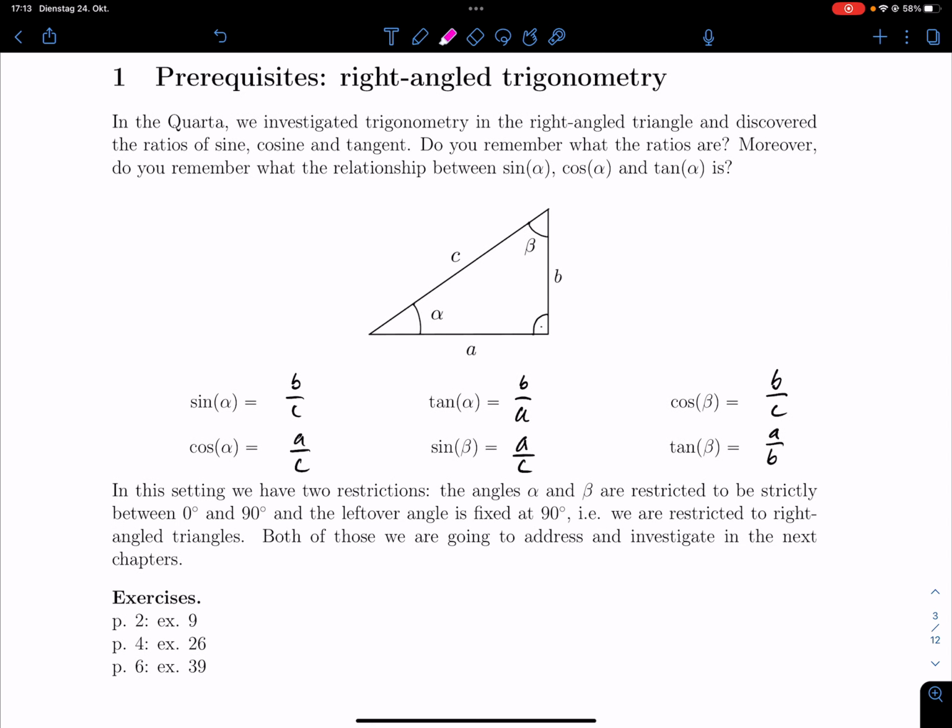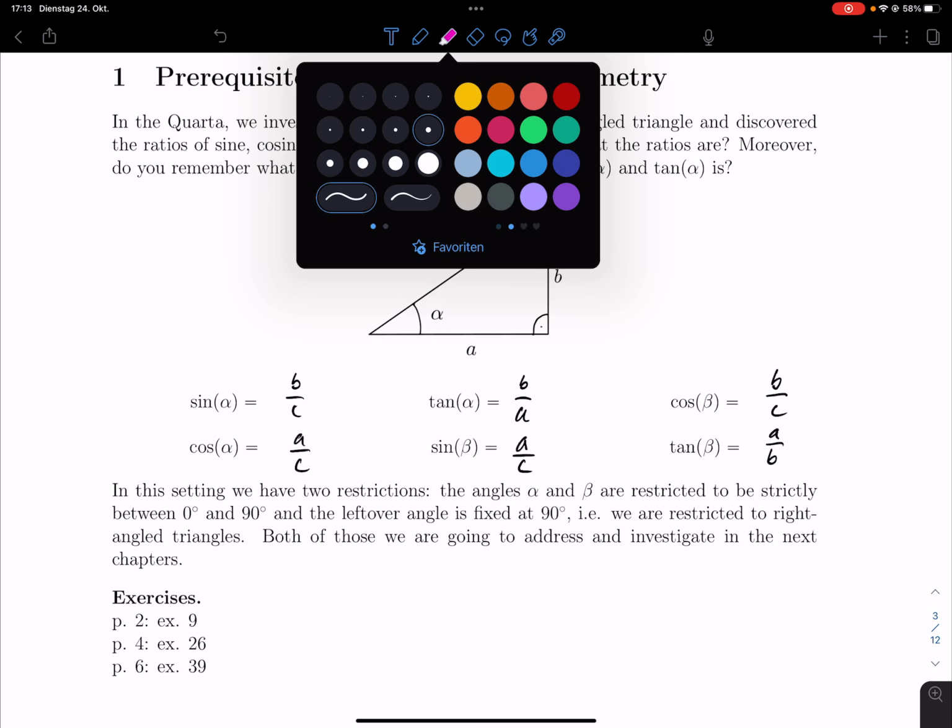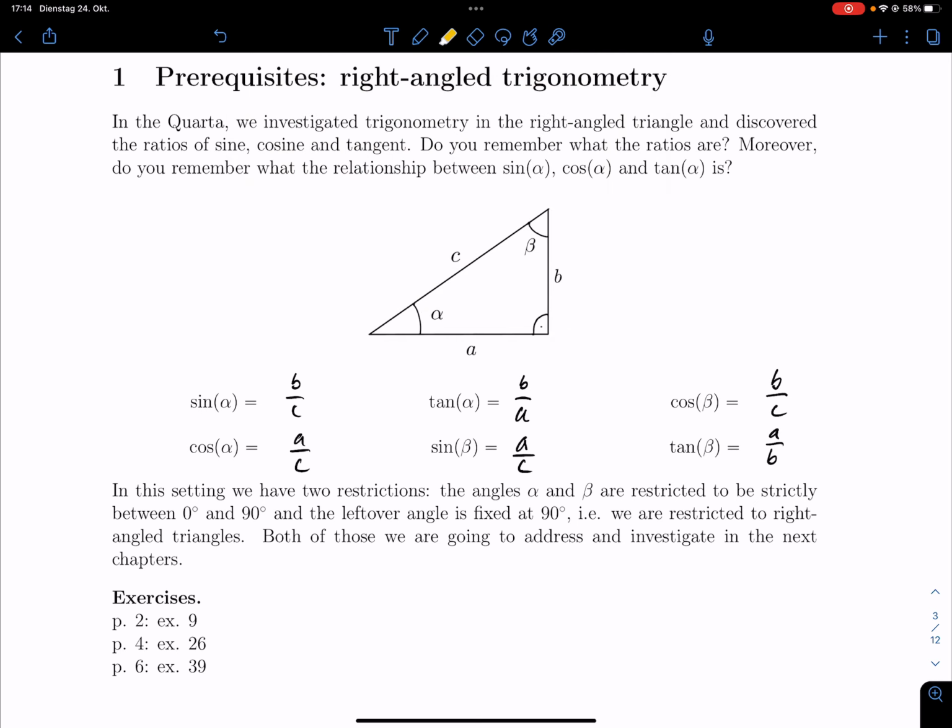What you should realize is this special connection or relationship between sine, cosine and tangent. It works for alpha or it works for beta, of course, but the important relationship is that tangent is always sine over cosine of the same angle.